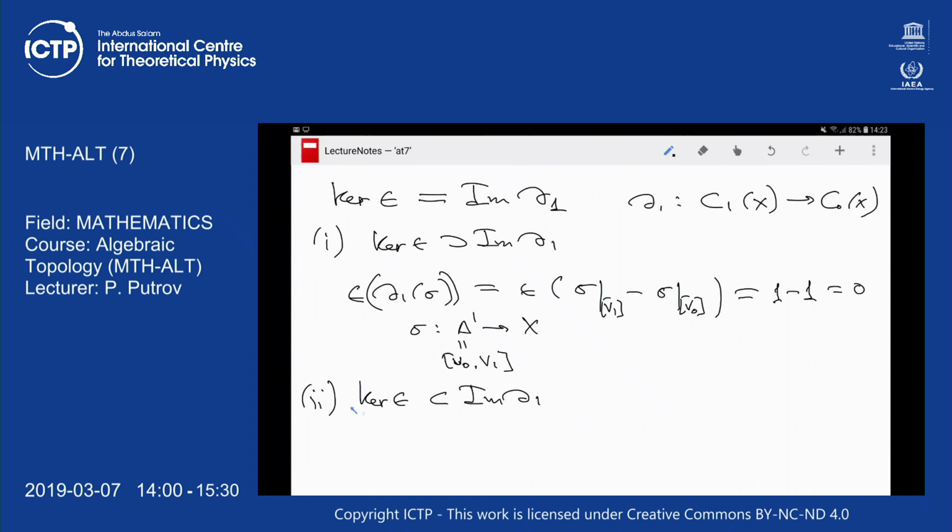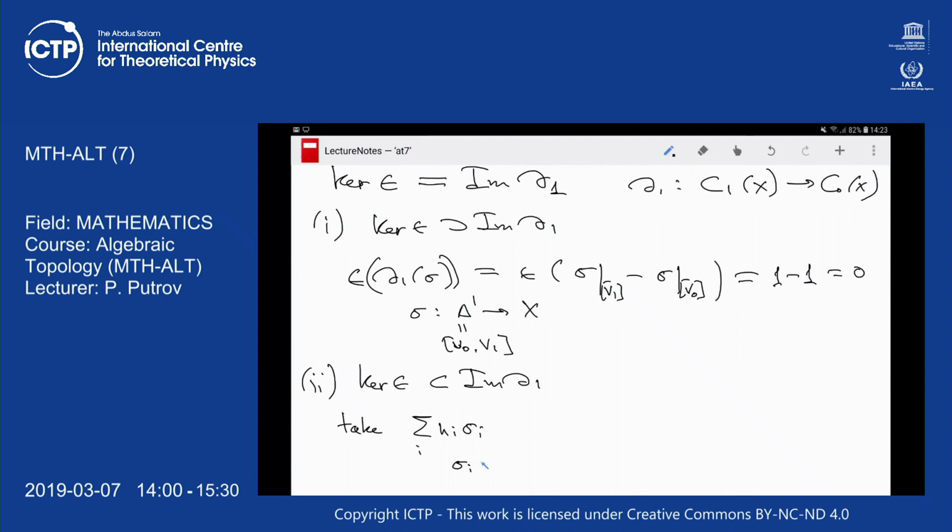So let us take some element in the kernel of epsilon. So let us take some linear combination of sigma i's, where now sigma i's maps from delta 0 to X, such that epsilon of the sum is 0.